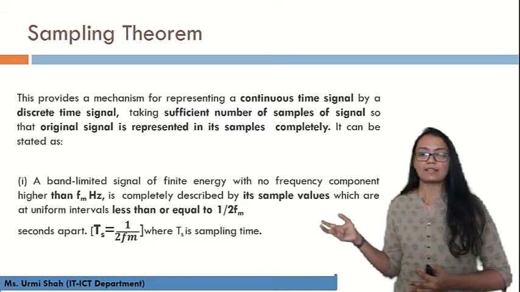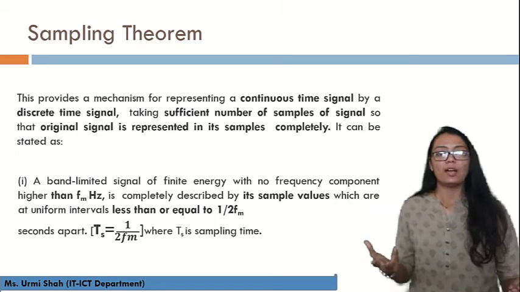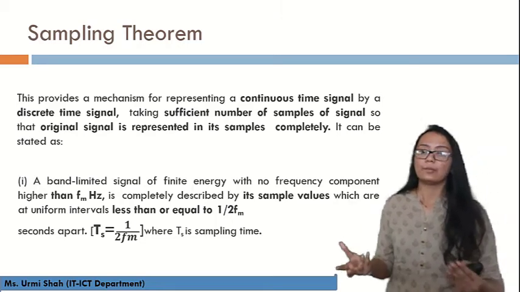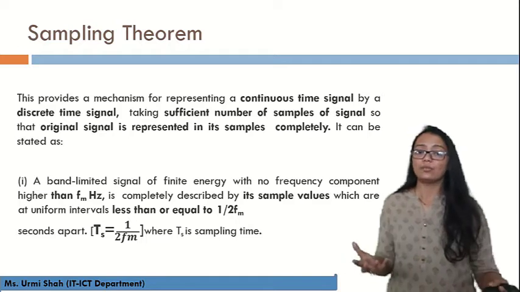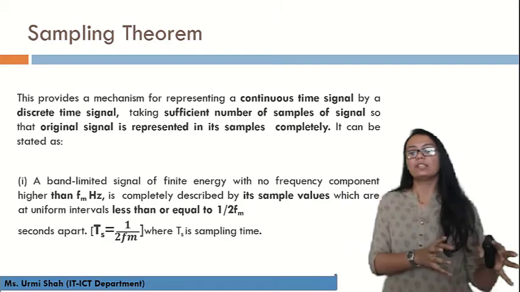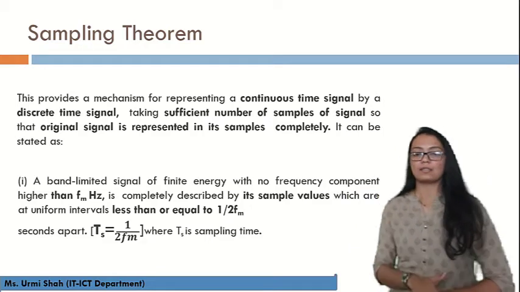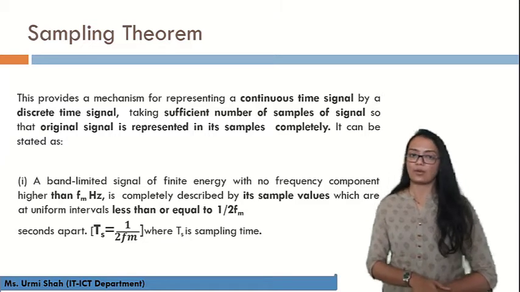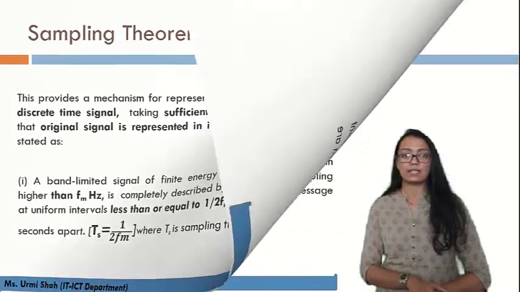So Ts is our sampling period, 1 upon 2fm, and 2fm is our bandwidth, which is the actual sampling bandwidth. It is the minimum bandwidth required such that an analog signal can be converted into a discrete sampled signal without any distortion or aliasing. So this is what the sampling theorem says.